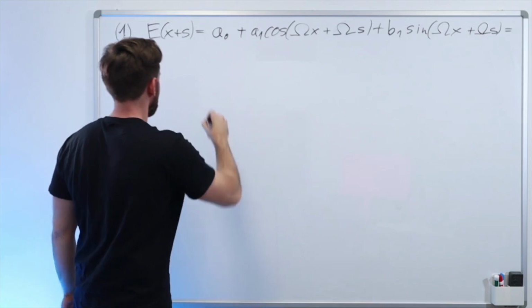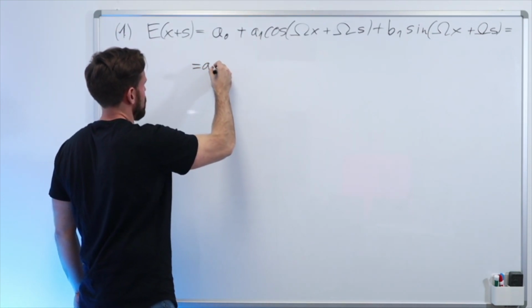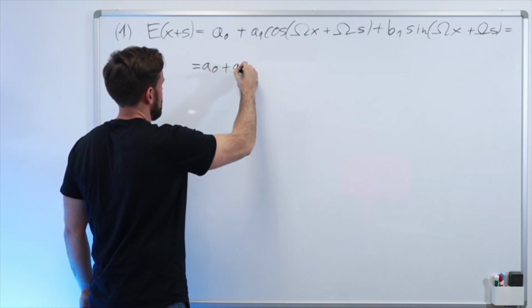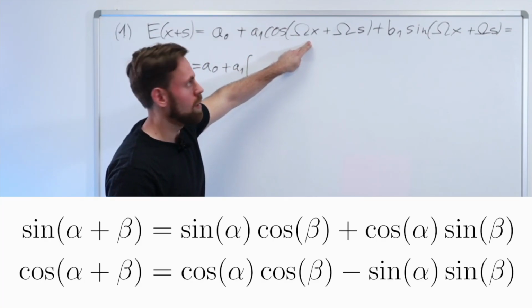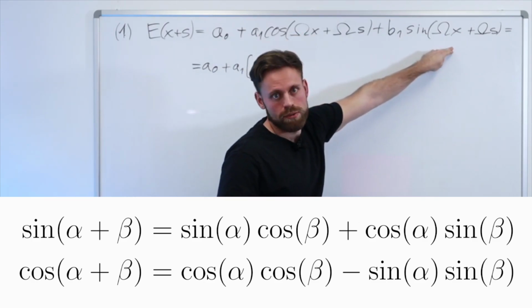This can be further expressed as a0 plus a1 times, well, here we can use trigonometric identities for this term as well as for that term.